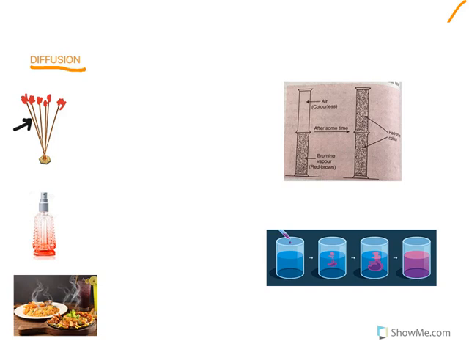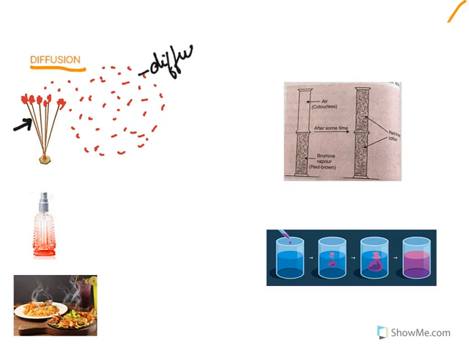It's because these molecules of the incense stick are now spreading all over. After it is burnt, they spread and reach all parts of the room. What is happening here is the process of diffusion. The particles of the incense stick are diffusing into the air.